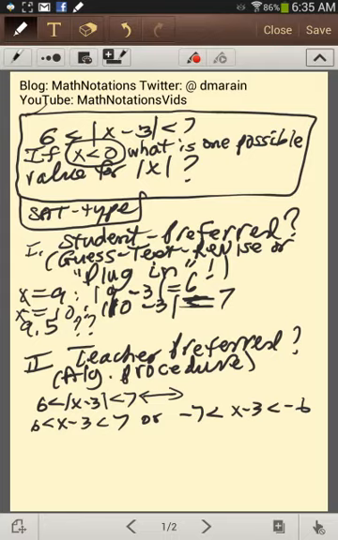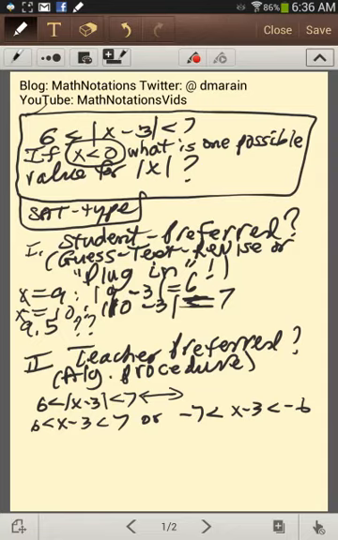Well, we could go on and talk about plugging in negative numbers here, but rather than that, let's move on to what has traditionally been considered the modus operandi of most of us in the classroom as math instructors, and that is a procedural approach.